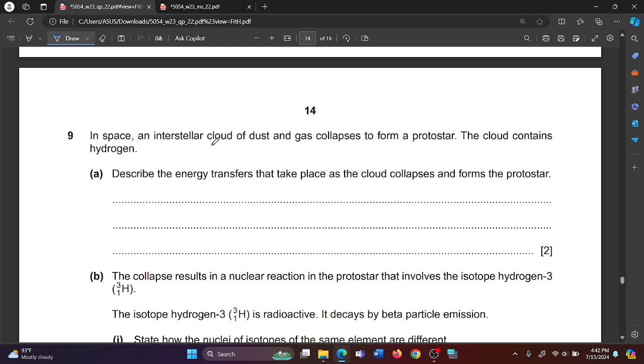So we know that as gravitational pull is causing the collapse, we can say gravitational potential energy, that is GPE.